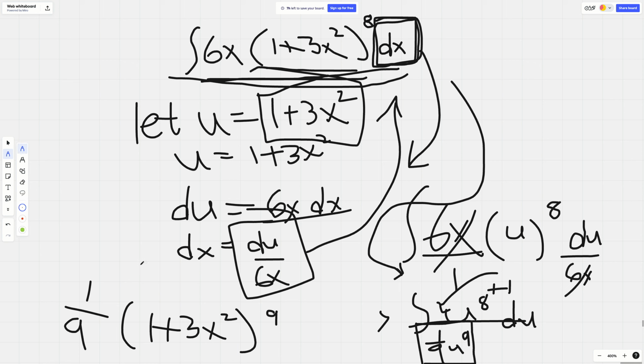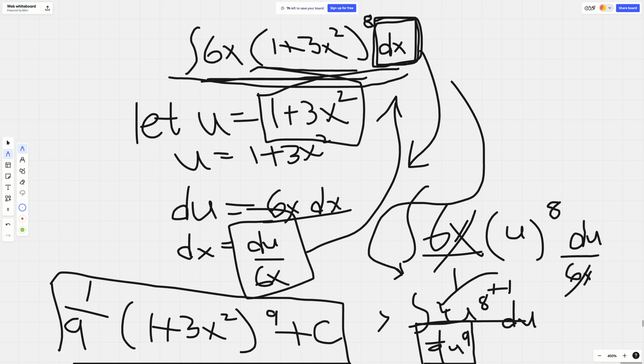We've got the integral of 6x times (1 + 3x²)^8 dx, but we're not given another point to substitute or plug in to solve for our plus c value. Right, so this is still an indefinite integral, and so we still have to add in any constant c. But now, once we added that, now we're done, and that is the final answer to this integral.